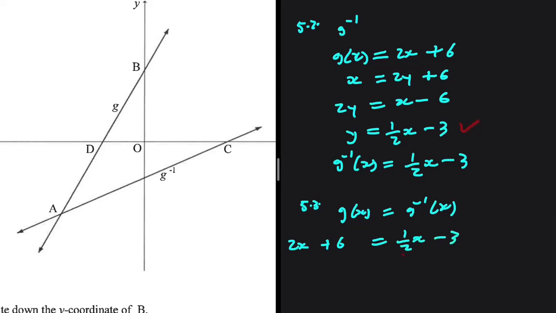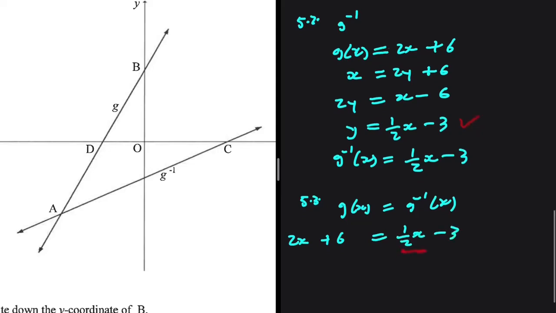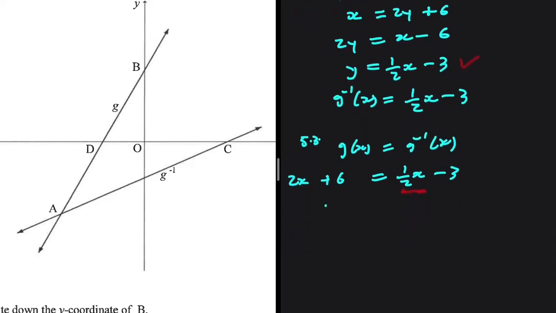Let me take a half x to the left hand side. If I do that, I'm going to get 3 divided by 2 x equals minus 9. I'm taking plus 6 to the right hand side, so I get minus 3 minus 6, which is minus 9. Now what I have to do is divide both sides by 3 divided by 2. If I do that, I get x equals minus 6.